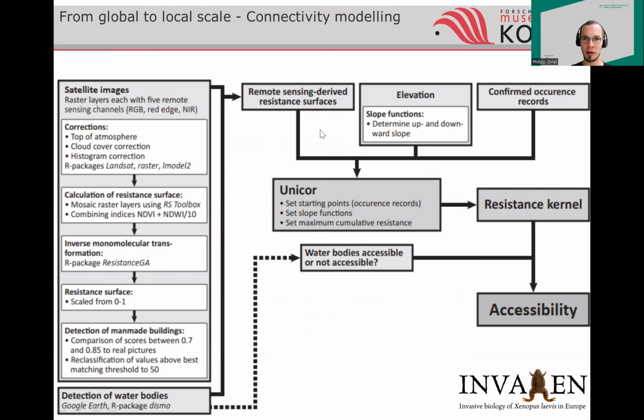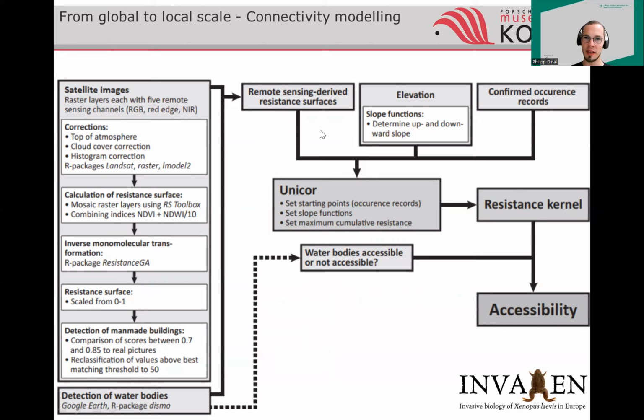Then we scaled our resistance surface to values between 0 and 1. And based on the best matching threshold, which we identified by manual comparison with real images, we identified human buildings. The purpose was that we could assign specific values to semi-permeable structures like screes, which, for example, could be crossed for a certain distance, or another specific threshold to buildings, which are real barriers that couldn't be crossed by Xenopus.